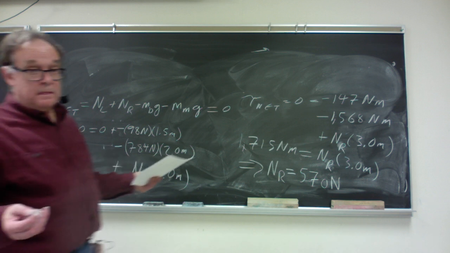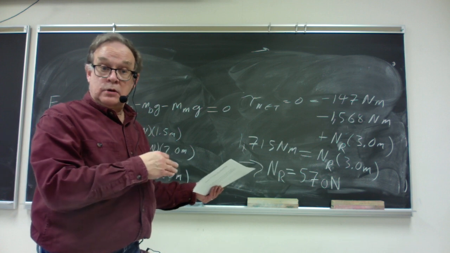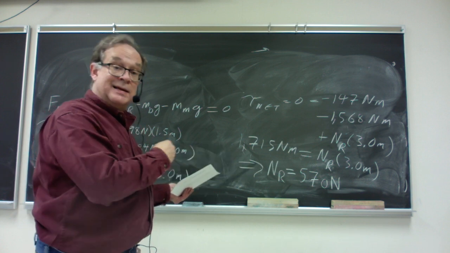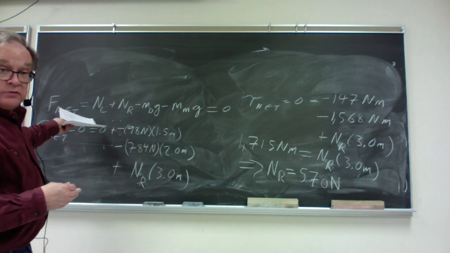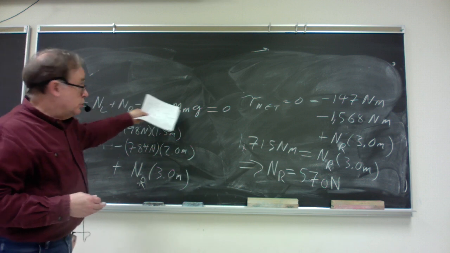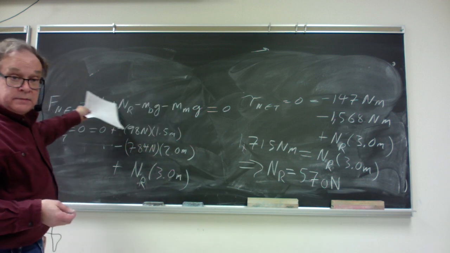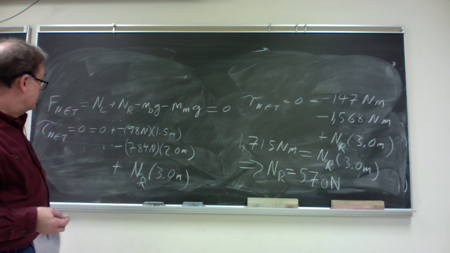Okay, now, knowing that number, now we can figure out the strength of the force at the other end, the strength of the normal force at the left end, because we still have this equation. We know those two numbers, we can figure out the weight. And now we know this number as well.